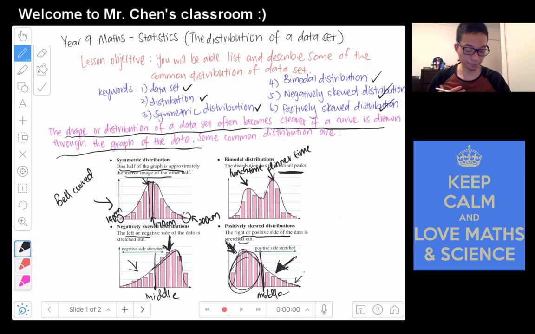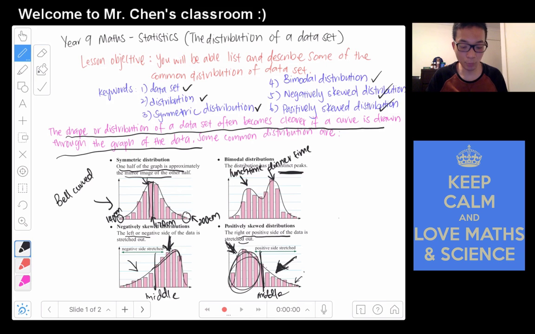The thing you have to take away today is there are four ways the data are distributed. You have a symmetric distribution when you have only one peak, right in the middle.